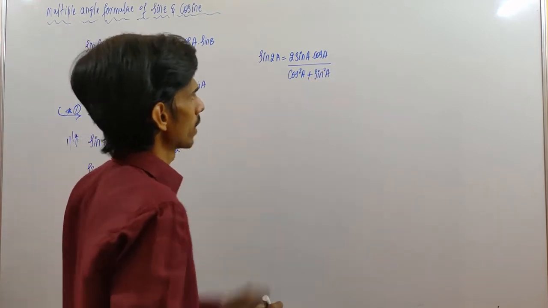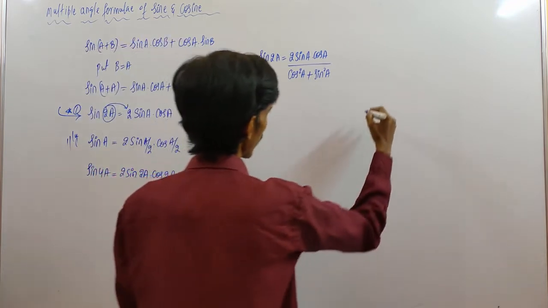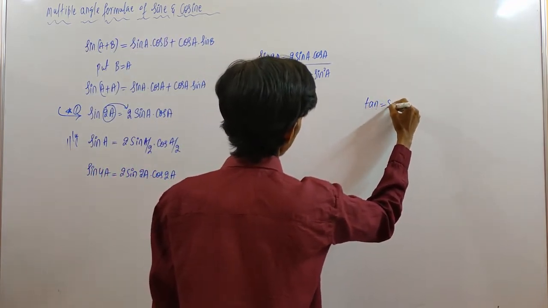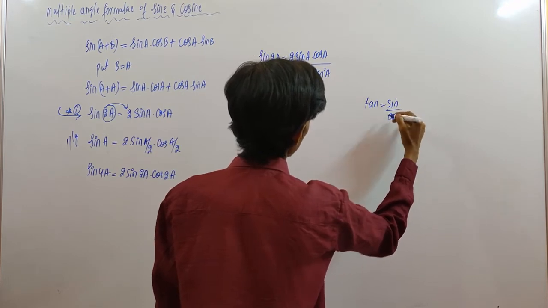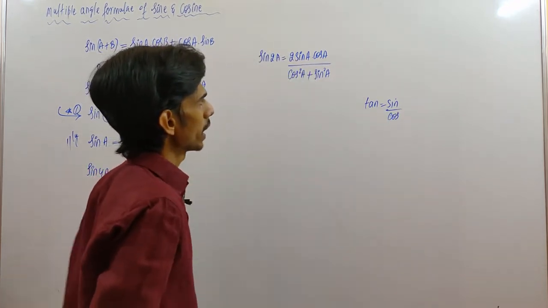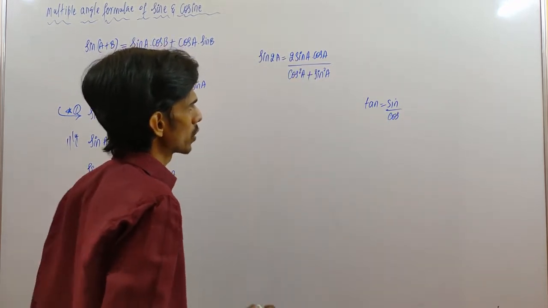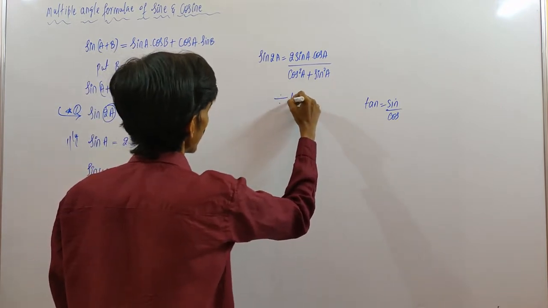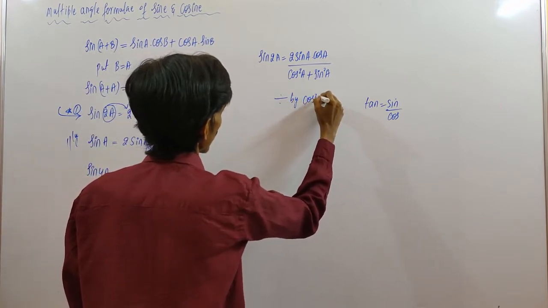Now here we want tan. Tan is sin by cos. So we have sin divided by cos, and here cos square is there, so divide by cos square A.